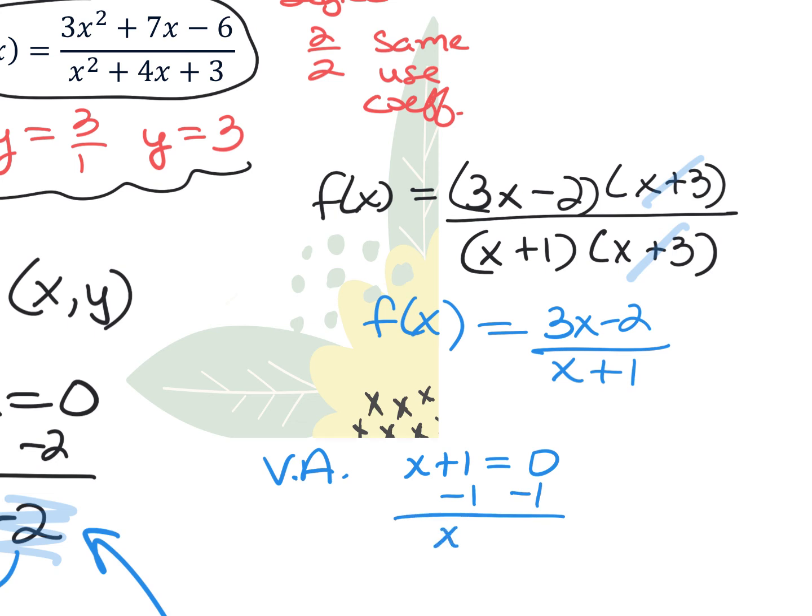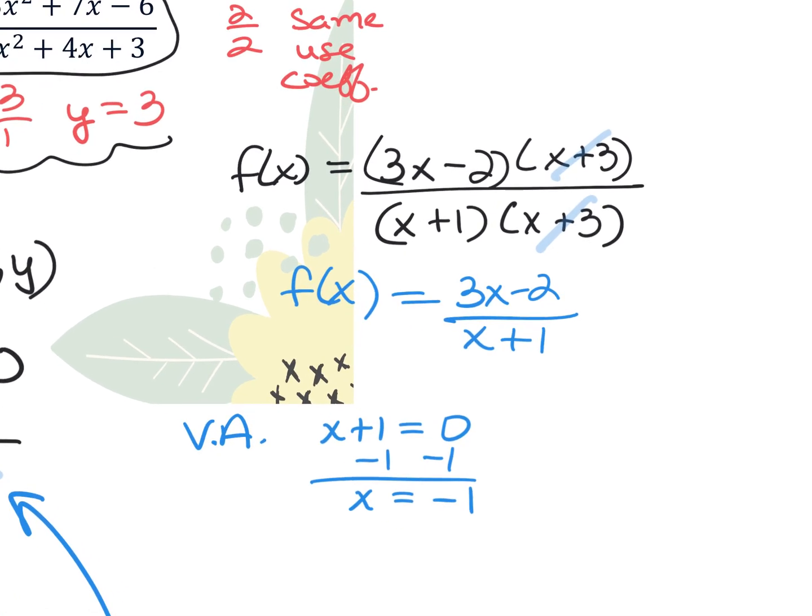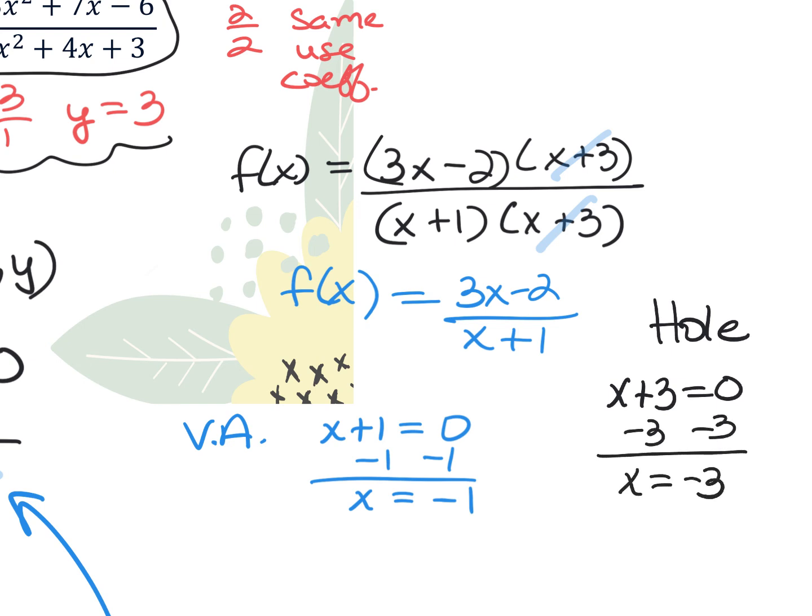I have a vertical asymptote located at x equals -1. Because I had a factor that canceled, I have a hole. My hole is located at the factor that canceled, so x plus 3 equals 0, x equals -3. Remember, the hole is an ordered pair.